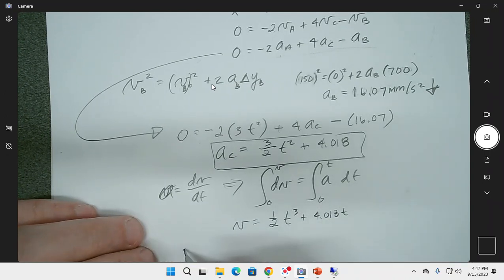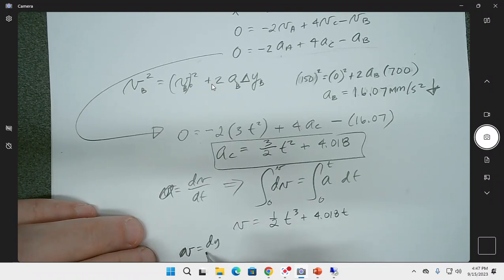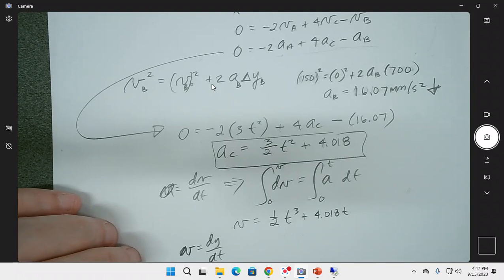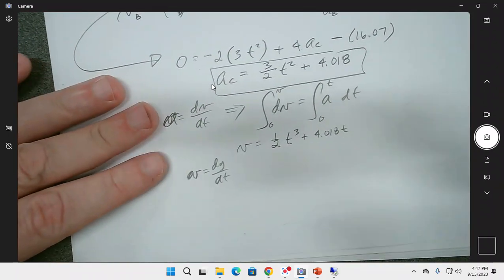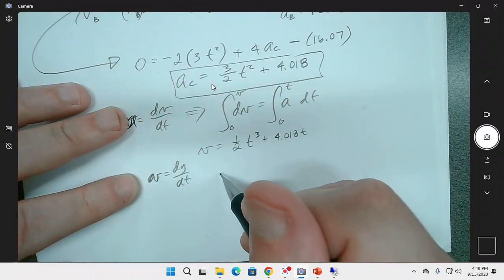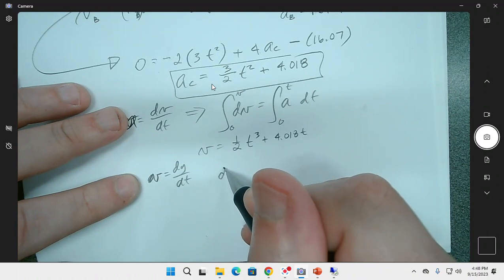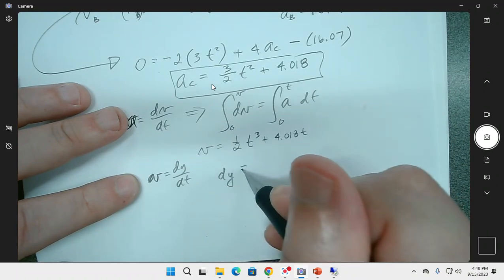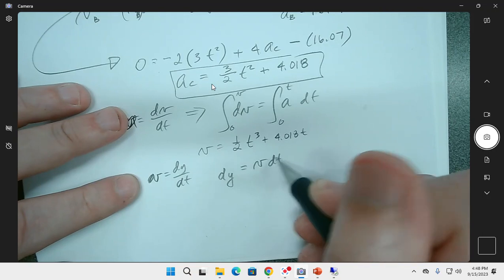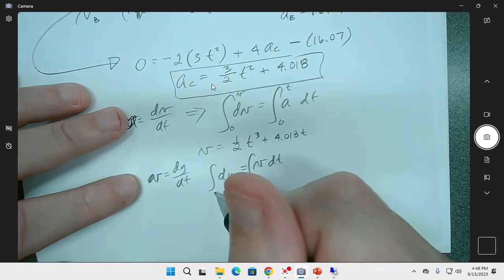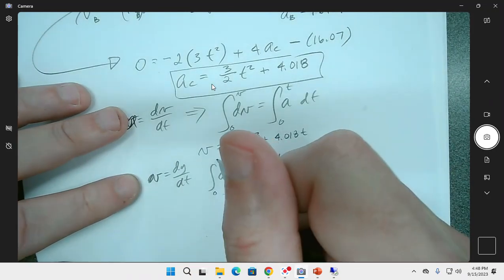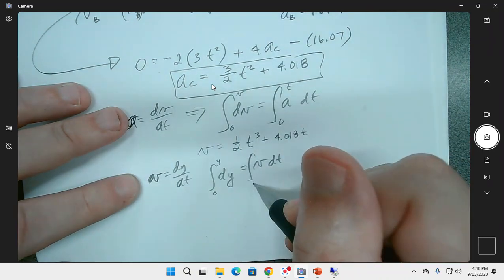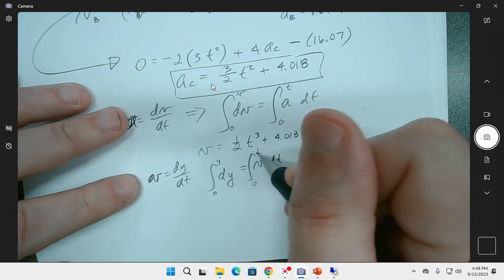And then do the same thing here with the velocity is equal to dy dt, and go dy is equal to v dt, integrate both from 0 to y and from 0 to t.